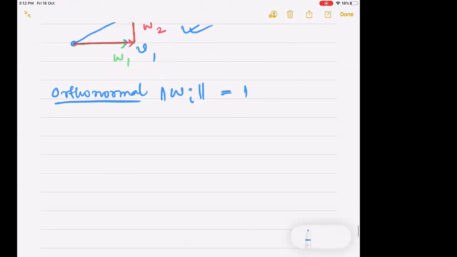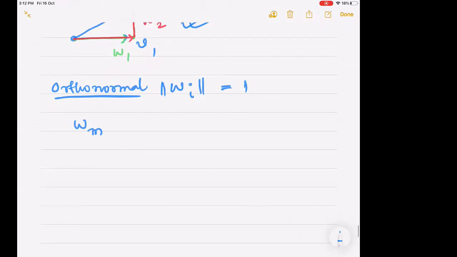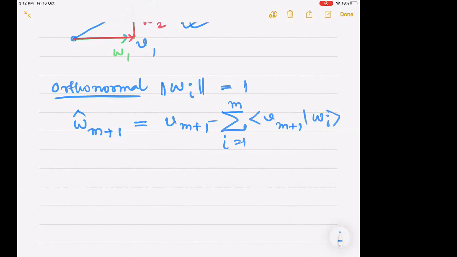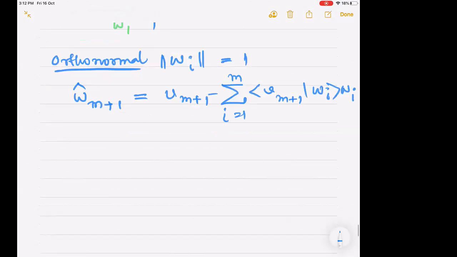So like before, I defined W hat m plus 1 as Vm plus 1 minus the summation over i from 1 to m of the inner product of Vm plus 1 and Wi times Wi. They are unit vectors, so I don't have to do the division business. This is how I define W hat m plus 1, which need not be unit length. Define Wm plus 1 as W hat m plus 1 divided by the norm of W hat m plus 1. That's it. Then this will be an orthonormal set.